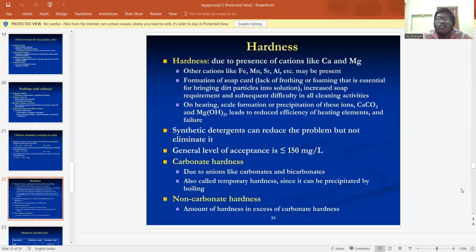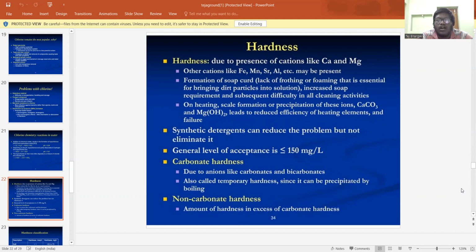On heating, scale formation or precipitation of these ions, CaCO3 and Mg(OH)2, leads to reduced efficiency of heating elements and failure. Synthetic detergents can reduce the problem but not eliminate it. The general level of acceptance is less than or equal to 150 mg per liter.